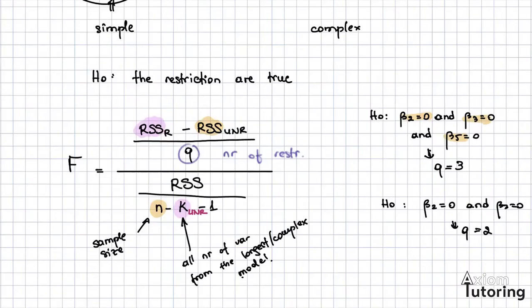The key intuition here is that the numerator, as you can see right here, given that it has this difference between the RSS of these two models, is literally measuring how much the residual sum of squares falls when you relax restrictions.